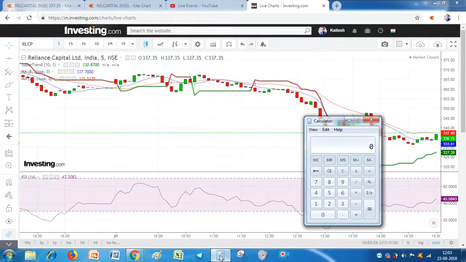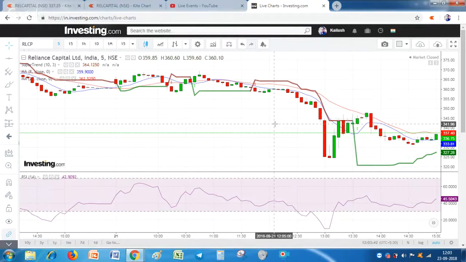I divide this 200 risk by 5, because the 5 level is my stop loss. So I will take only 40 quantity of this stock, only 40, friends. If I have decided to take a maximum risk of 200 in this stock, I will take only 40 quantity and trade.